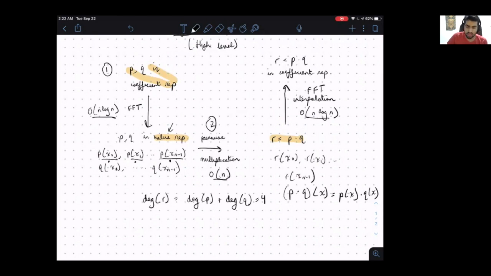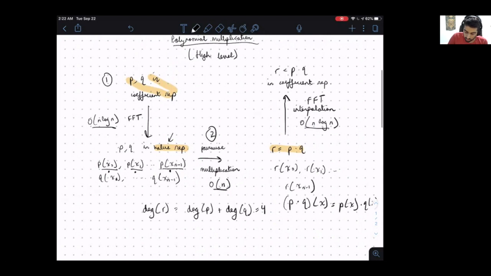So the first step is the FFT that goes to value representation. The second step is the pairwise multiplication that gives us endpoints where we've evaluated the polynomial R, just P times Q. And then the third step is going from the value representation of the multiplied polynomial to the coefficient representation, which is sort of what we expect when we think of polynomials.